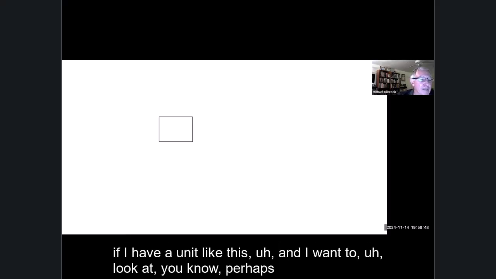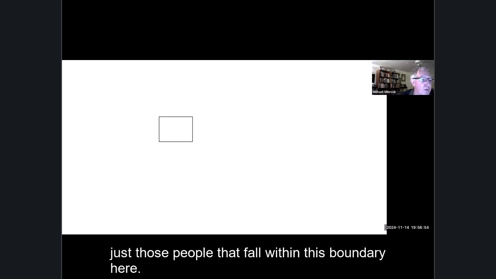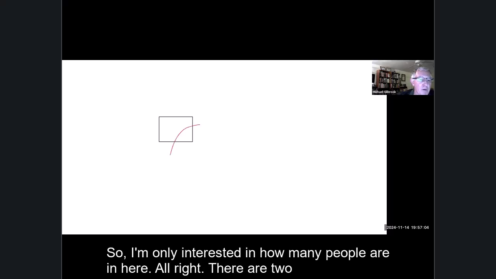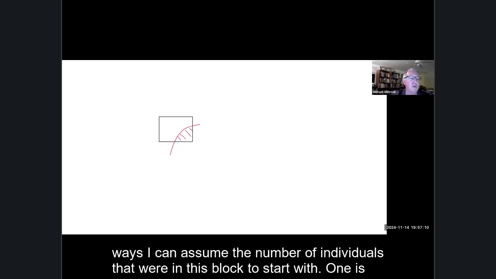If I have a unit like this, and I want to look at just those people that fall within this boundary here, so I'm only interested in how many people are in here. There are two ways I can assume the number of individuals in this block.